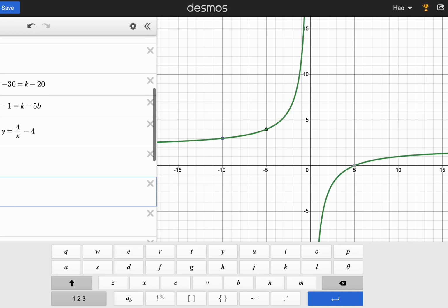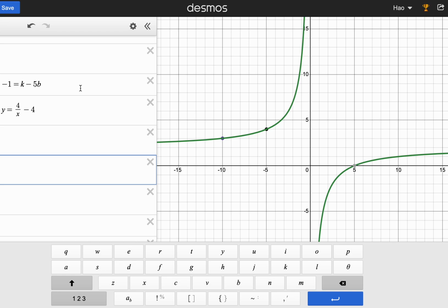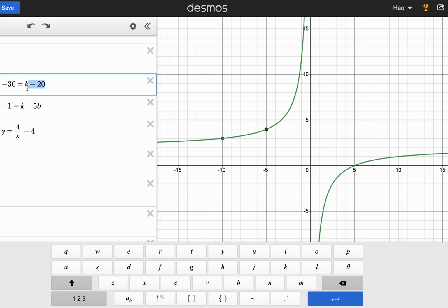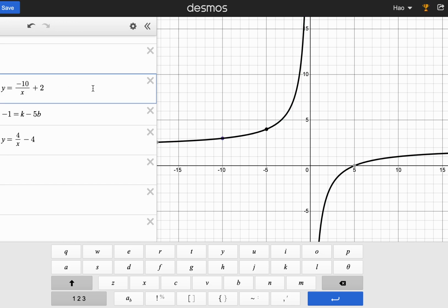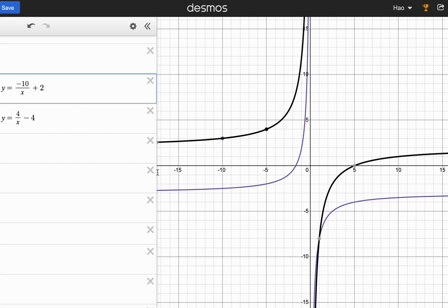So therefore the equation is this one, right?